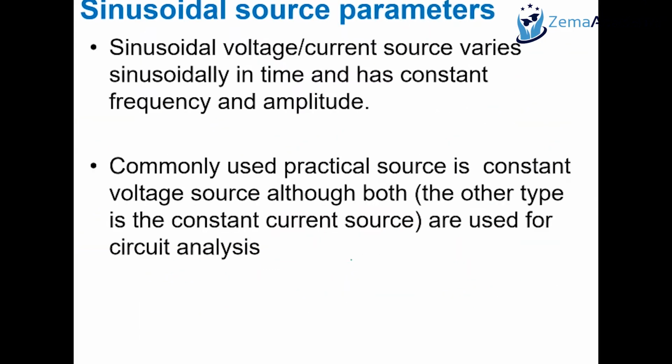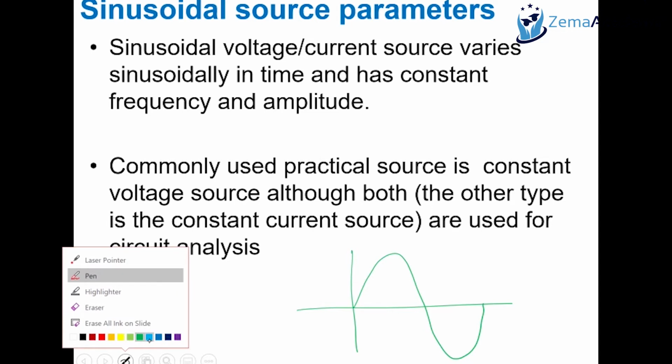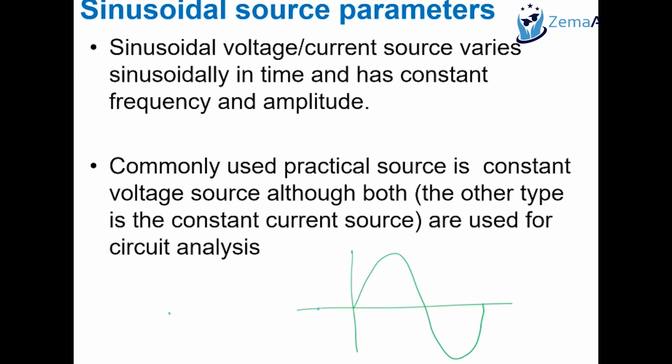So let me show it on this slide. That's your sine wave. And if I move the sine wave a bit to the left and start such that the sine wave is starting here, what I did is I moved the sine wave to the left.